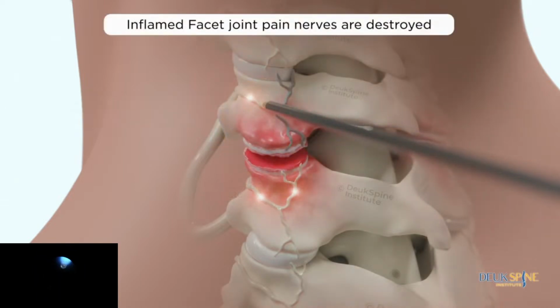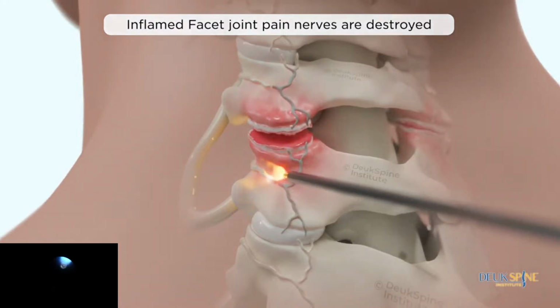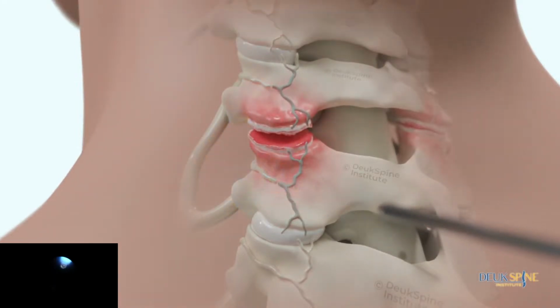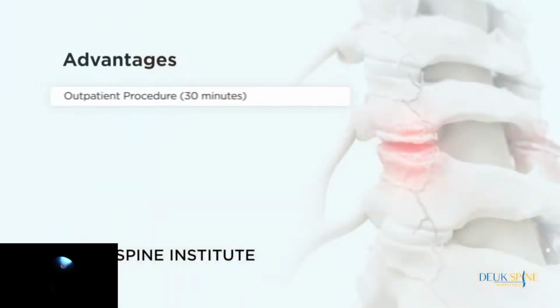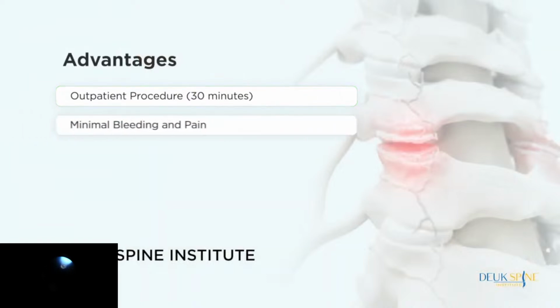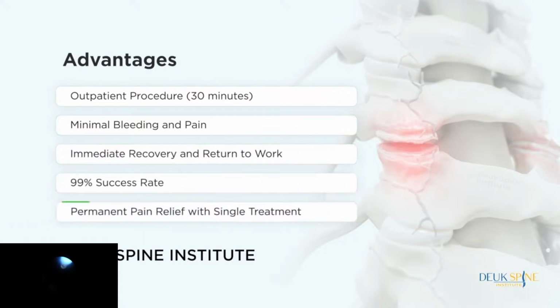The inflamed facet joint pain nerves are destroyed. The advantages with the Deuk plasma rhizotomy is that it's an outpatient procedure that takes 30 minutes to complete, very minimal bleeding and pain after the surgery with immediate recovery and return to work the next day, as well as a 99% success rate and permanent pain relief with a single treatment.